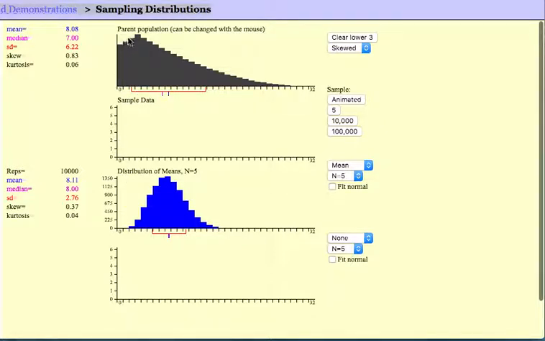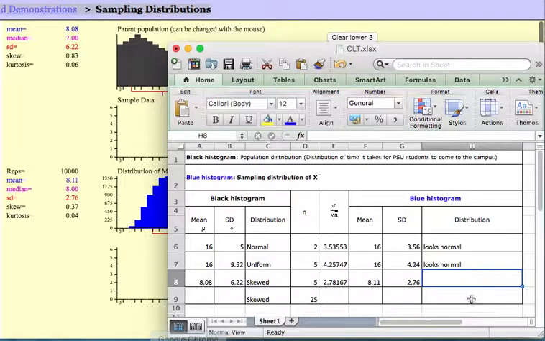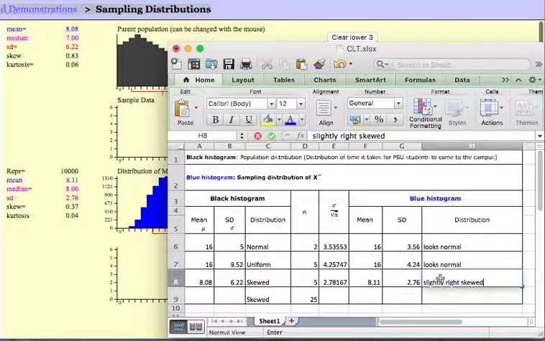We sampled from a right skewed distribution, and if you look at this blue histogram, even the blue histogram looks slightly right skewed. So let's put that information: slightly right skewed.